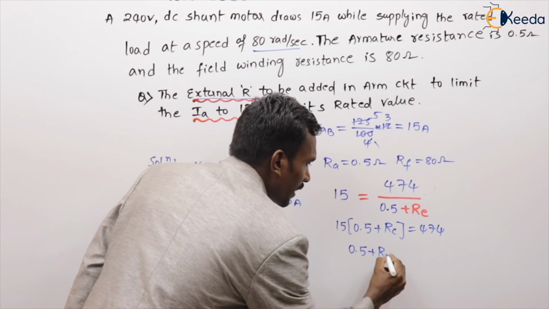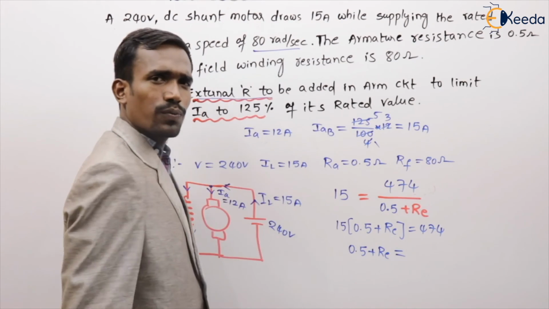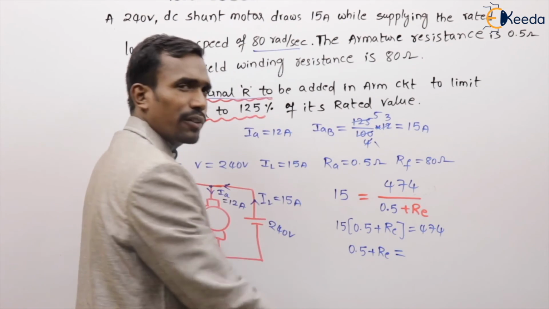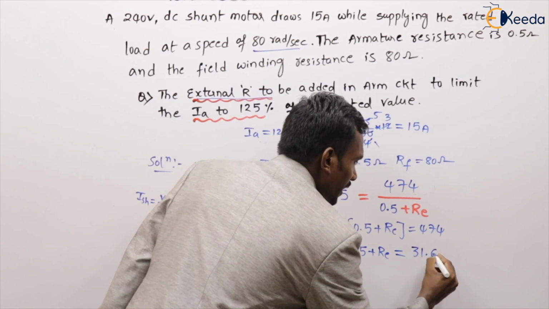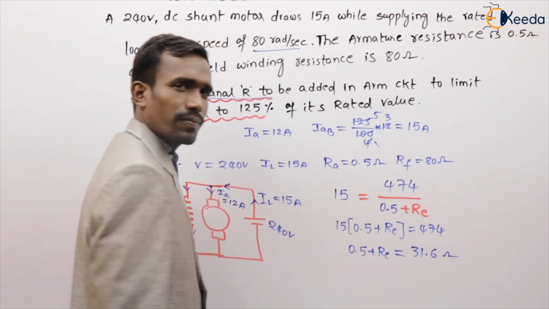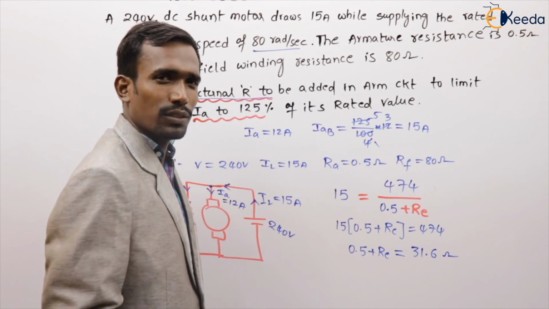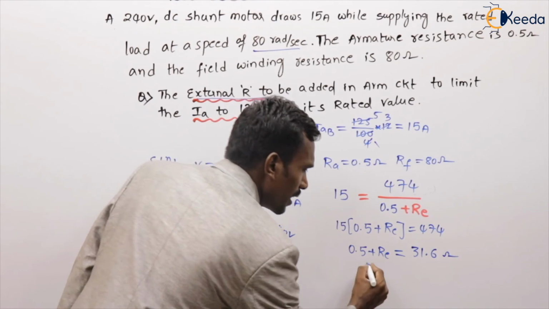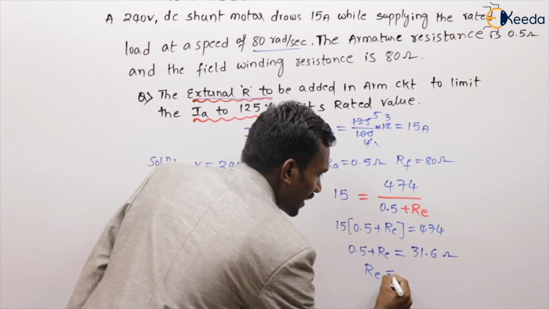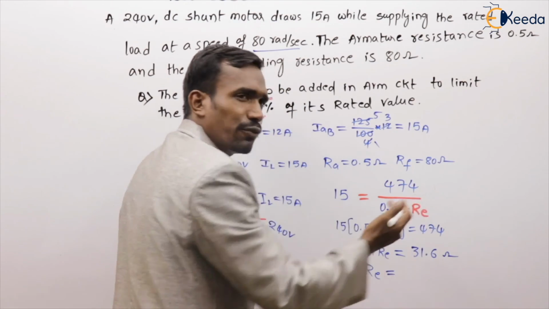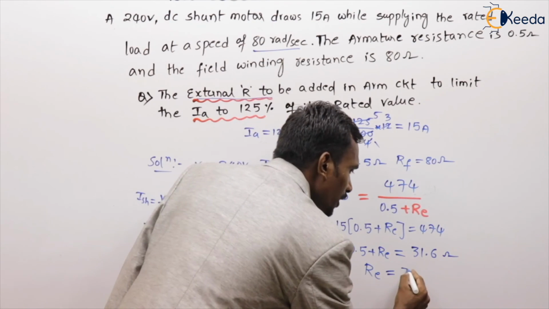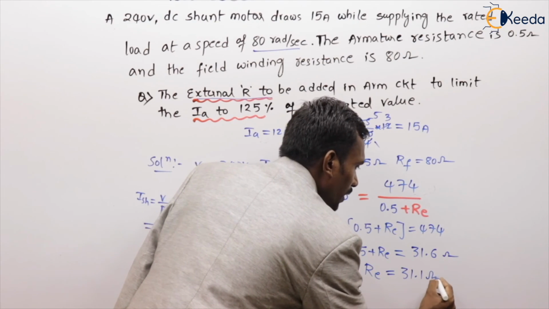So 0.5 plus RE is equal to 474 by 15, whose value is 31.6 ohms. Then the extra resistance added is equal to 31.6 minus 0.5. What is the value? 31.1 ohms.